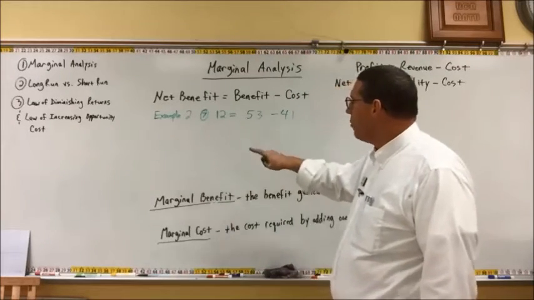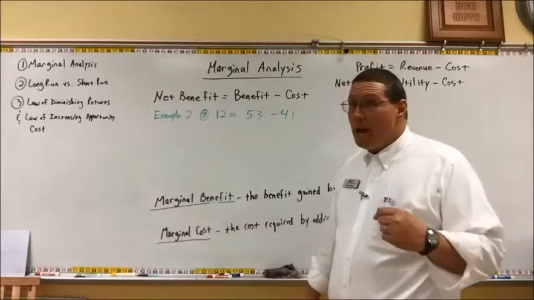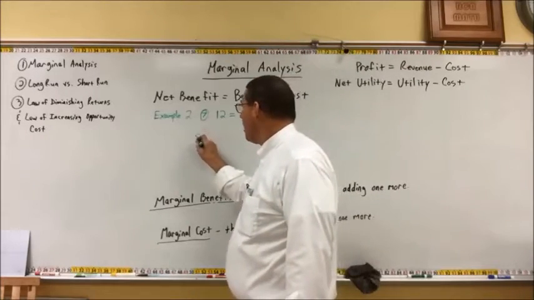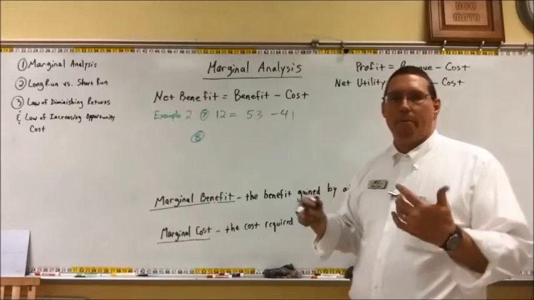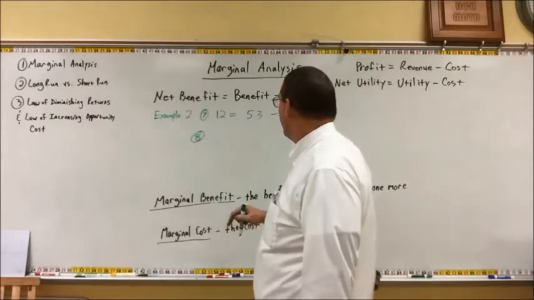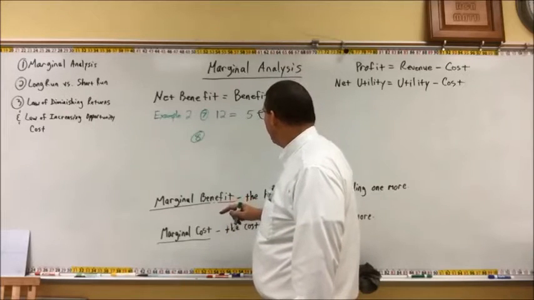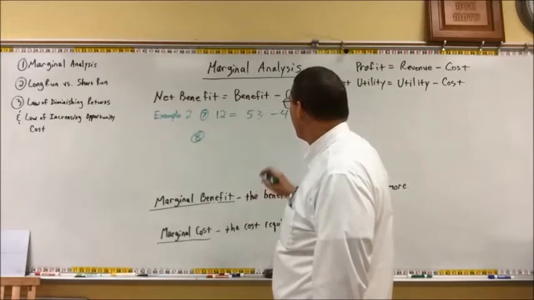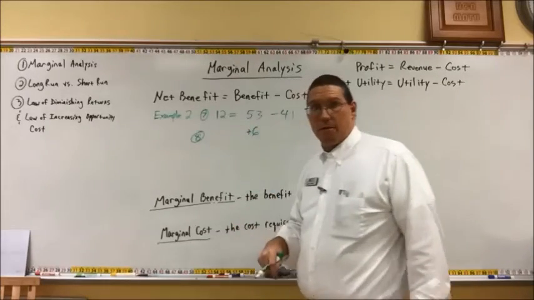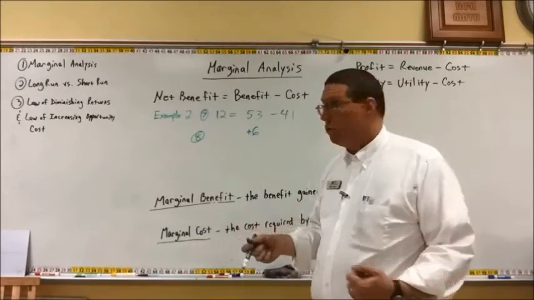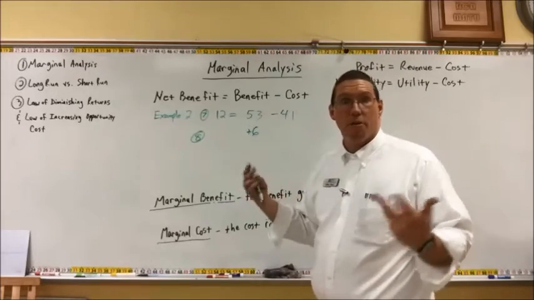Okay, so now you're thinking, maybe I will have an 8th honey barbecue wing, right? And here's what's going to happen. So let's say that 8th honey barbecue wing is going to add a benefit of 6 overall to your happiness, to your satisfaction.